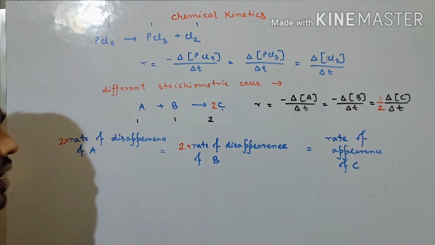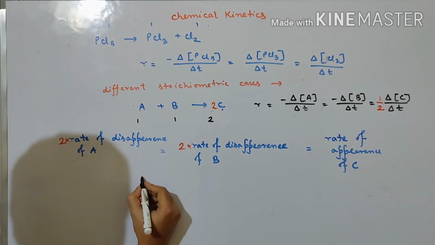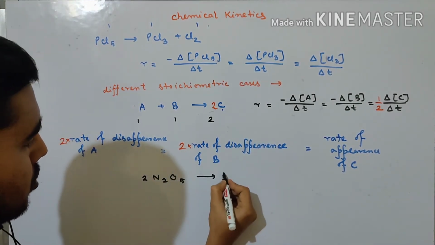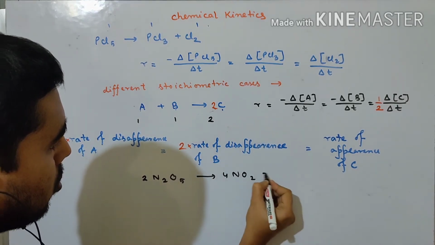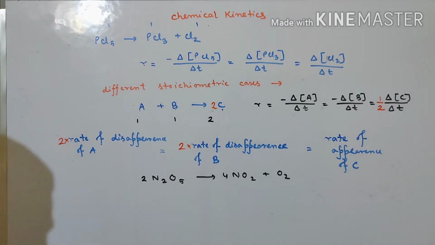If we talk about any reaction, for example the reaction of N2O5, if we write 2N2O5 gives rise to 4NO2 plus O2, in that case the same thing should be applied.